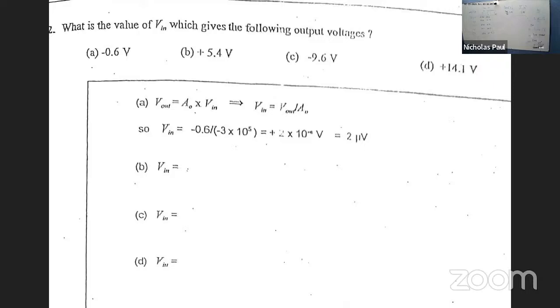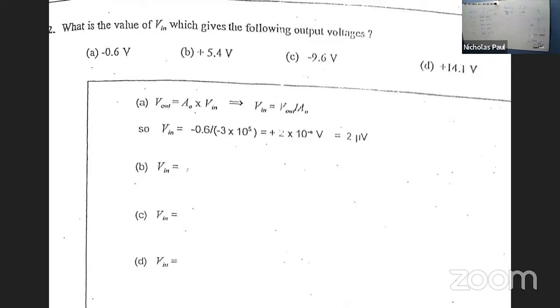It's the same gain, right? You're using the same gain, minus 3 by 10 to the power of 5. Again, I have a big number. Remember, it's V in your final, divided to give you V out.